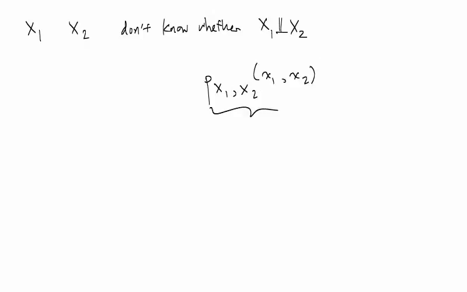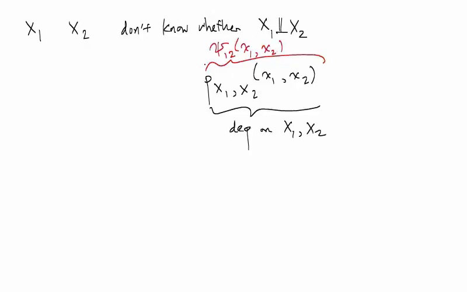And so here this thing of course depends on random variables x1 and x2, and we're now going to introduce yet another piece of notation where we call this psi 1 2 of little x1 little x2. We'll use psi to represent tables that depend on two random variables.